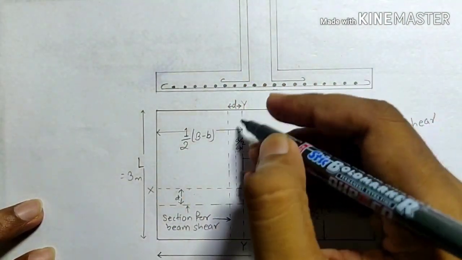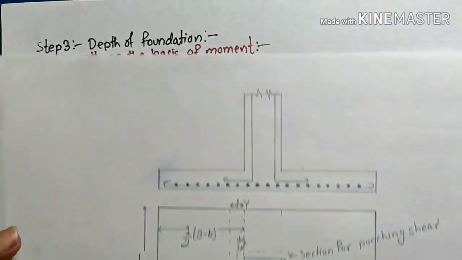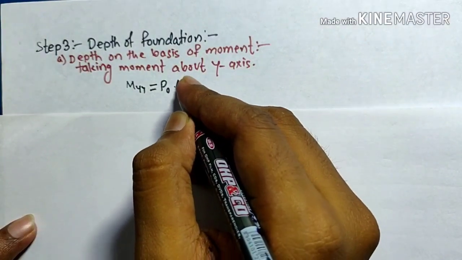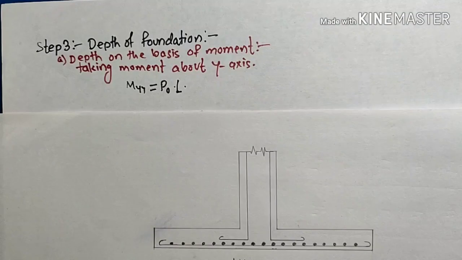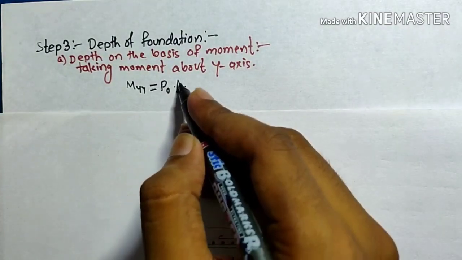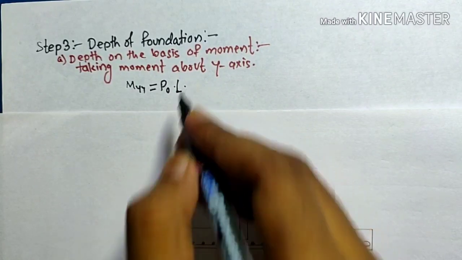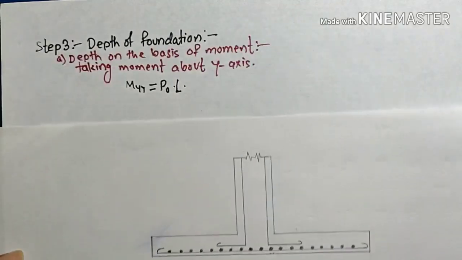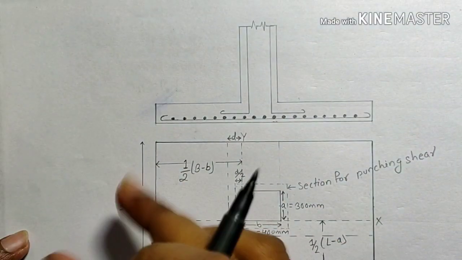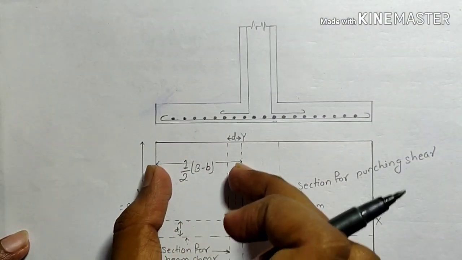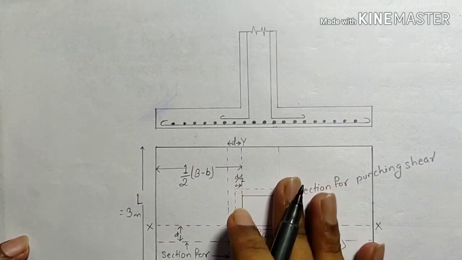We are calculating moment about y-axis, and the span corresponding to y-axis is L. So multiply this by L. Now on multiplying the net upward pressure by span, we have converted it into the UDL. And if we multiply that value with the span up to the YY axis, it will get converted into point load.